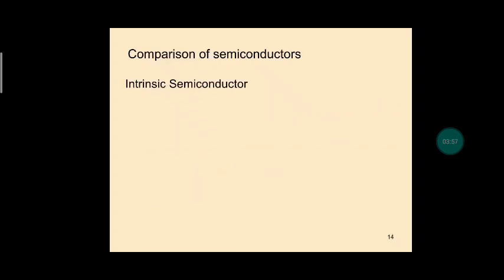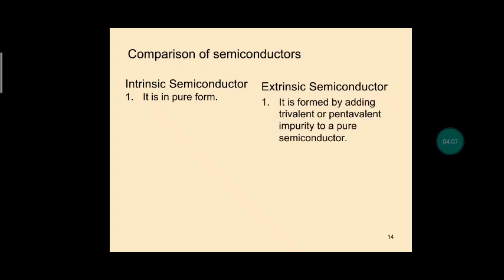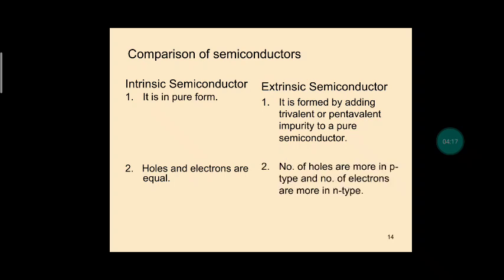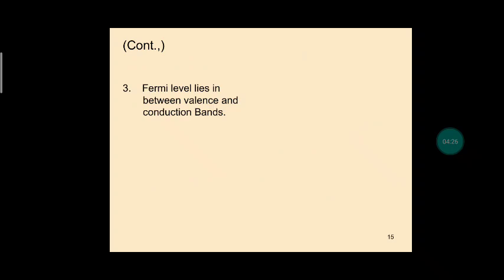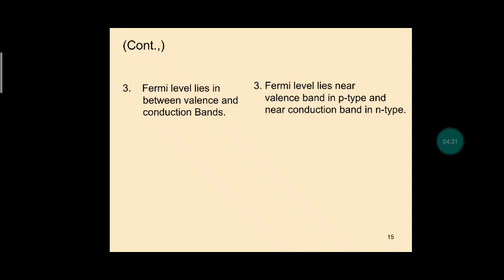Comparison of semiconductors: one is intrinsic semiconductor, another is extrinsic semiconductor. Intrinsic is a pure form, while extrinsic is an impure form. The numbers of electrons and holes are equal in the intrinsic semiconductor. In the extrinsic semiconductor, the number of holes is more in p-type and the number of electrons is more in n-type. In intrinsic, the Fermi energy level lies between the valence and conduction bands.